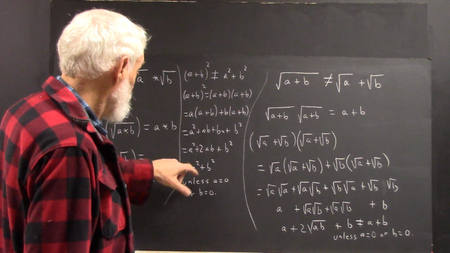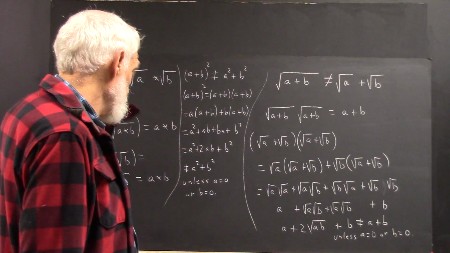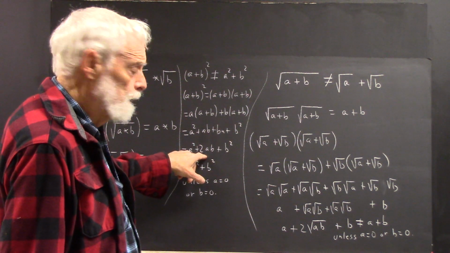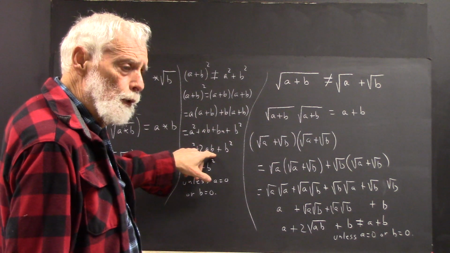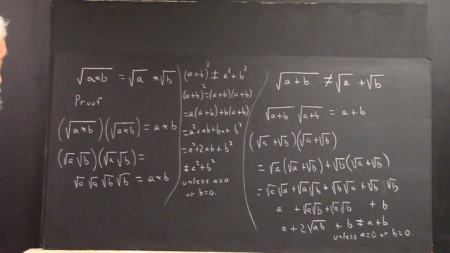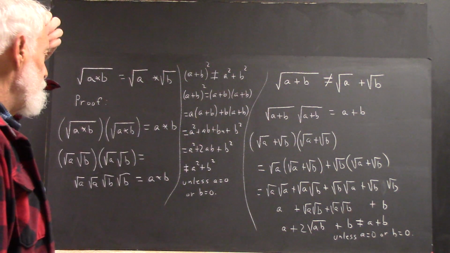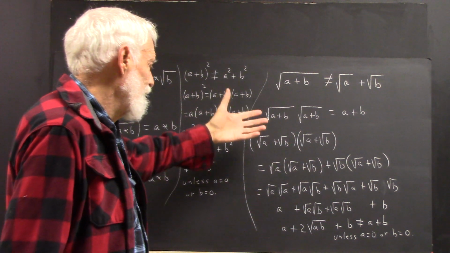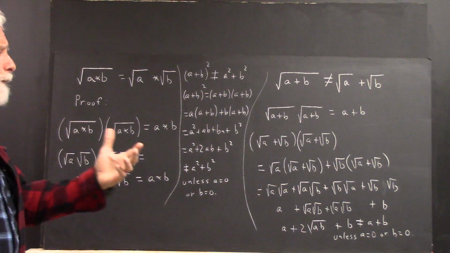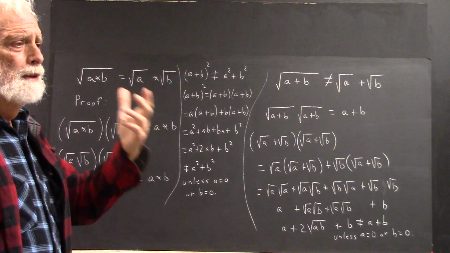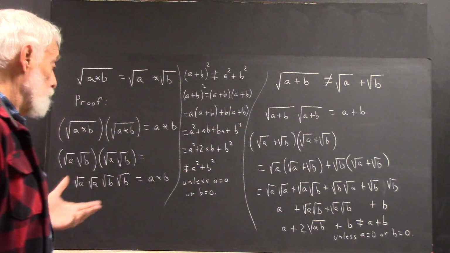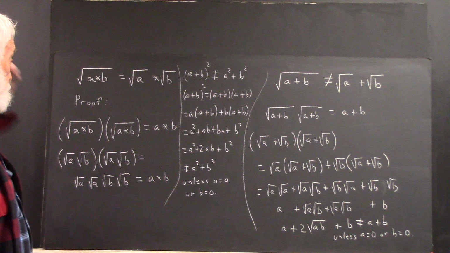2AB is going to be 0. You're going to just be left in either case with A squared plus B squared. But unless that's the case, 2AB can't be 0. 2AB can only be 0 if either A or B is 0. So there we have a set of kind of related ideas that are the source of a lot of avoidable errors and misconceptions when we try to do pre-calculus, or pretty much anything, or even to do just algebra.